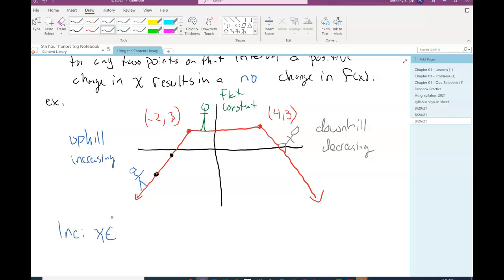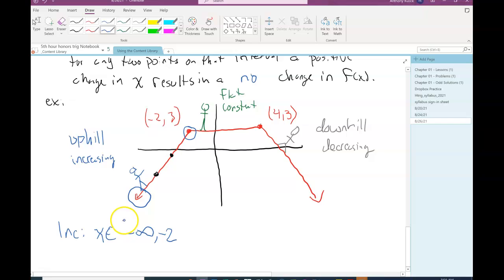Okay. So our function begins increasing here at the far left end. Because it's capturing the left arrow, that implies that the leftmost point is negative infinity. And it stops increasing at this point, negative 2, 3. So the upper bound for my interval of increasing is negative 2.